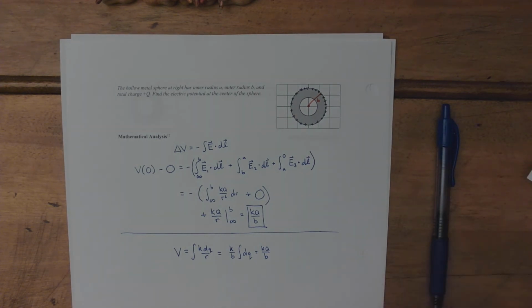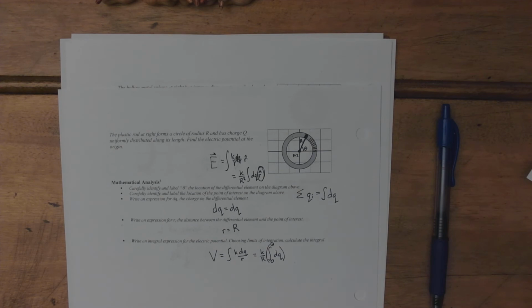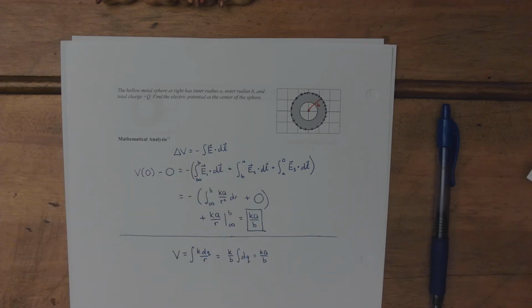And because of that, this is like the problem we looked at earlier, where we had the thin ring and we were looking for the electric field. Let me see if I can find that. Okay, so then it becomes almost just like problem 42, except that 42 was a ring and this is a sphere, but it doesn't really matter because all the charge is the same distance away from the origin.